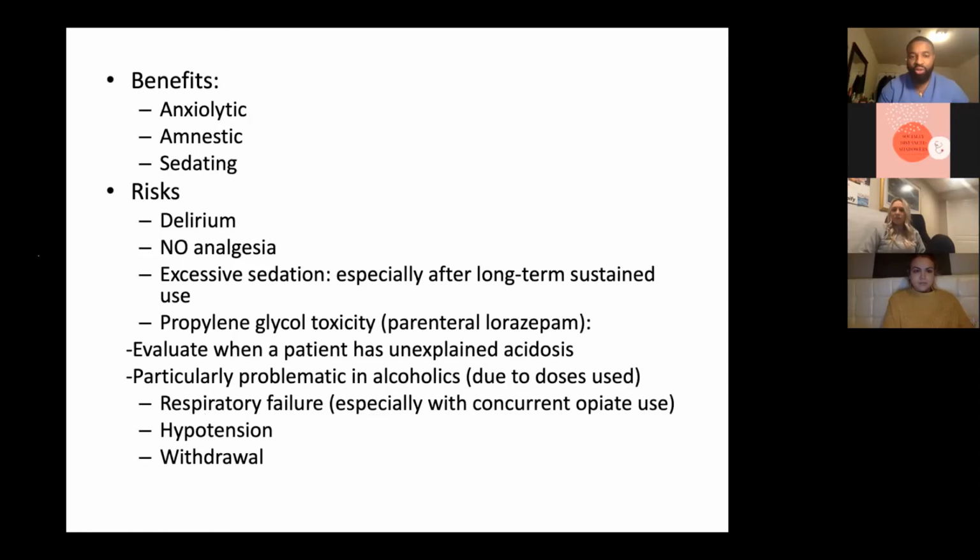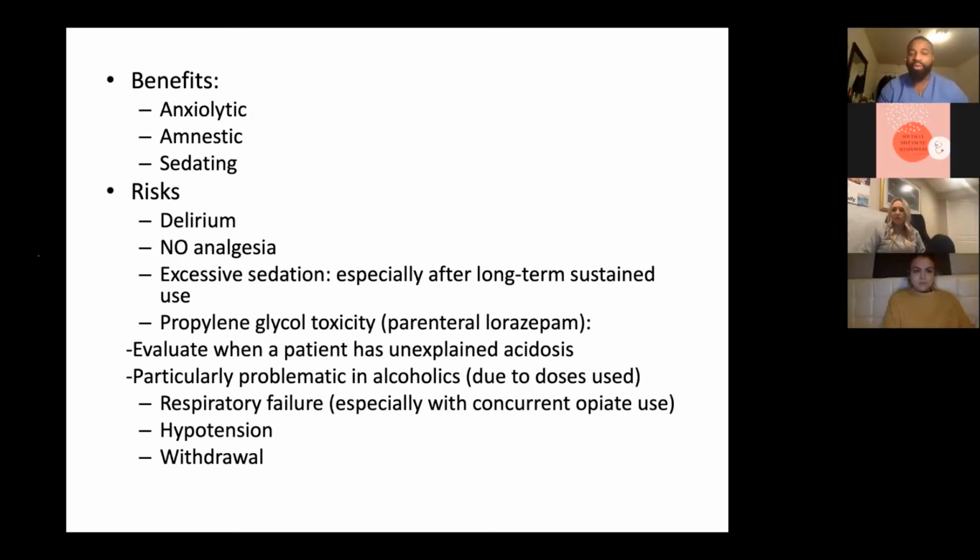So you want to evaluate when a patient has unexplained acidosis, and it's particularly problematic in alcoholics due to dosage. With alcoholics, alcohol is already a benzo substrate, so they're going to require more. Some of these patients who are already drug users in some sort, their requirements are going to be a little bit higher for these medications.